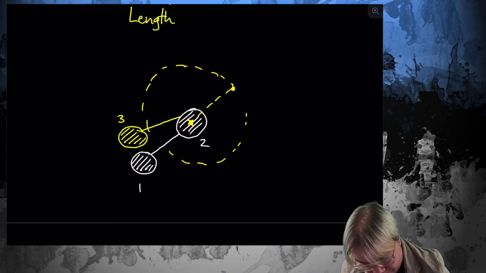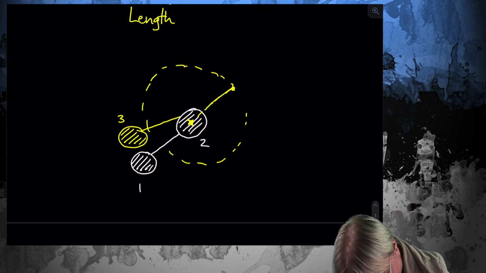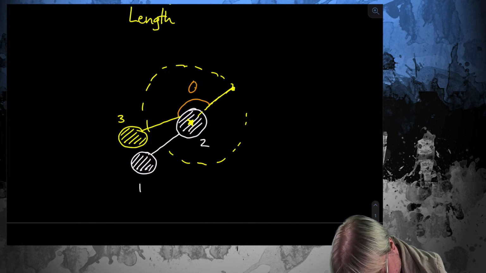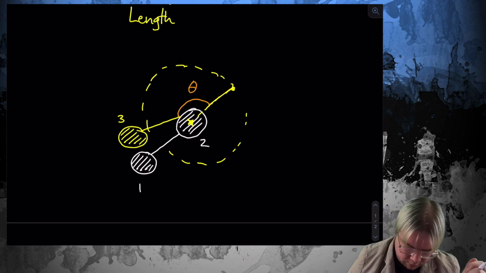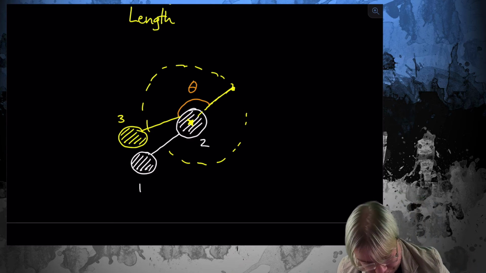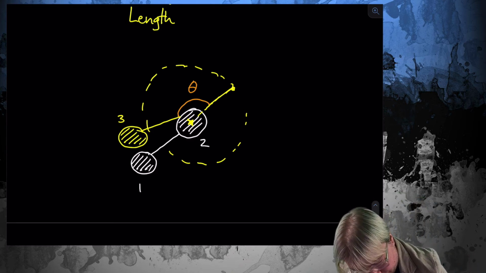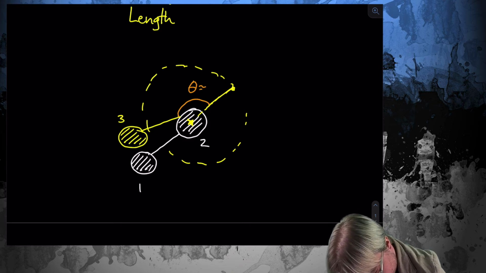So let's look at this. Let's define a bond angle, theta, is right there. We've talked about that to death. All right. So theoretically, and you can even see it in this case, the bond angle could approach 180 degrees.